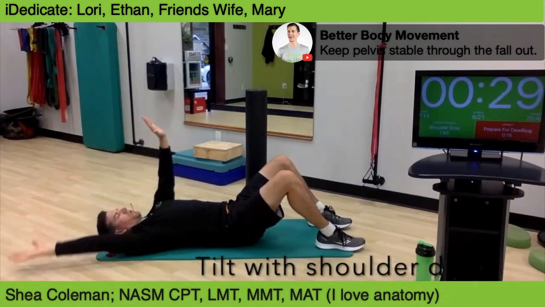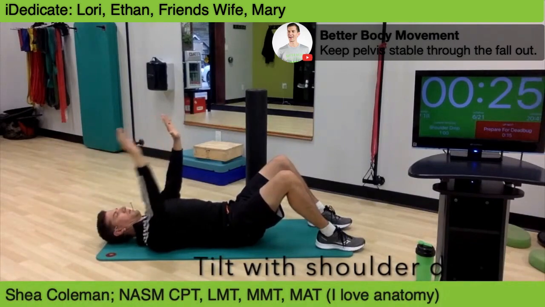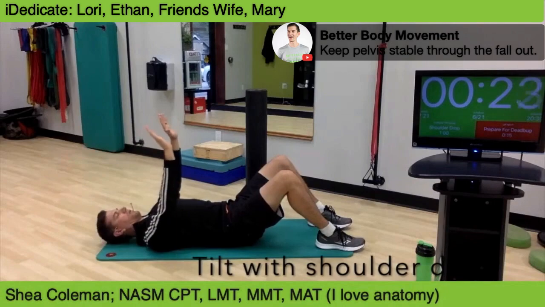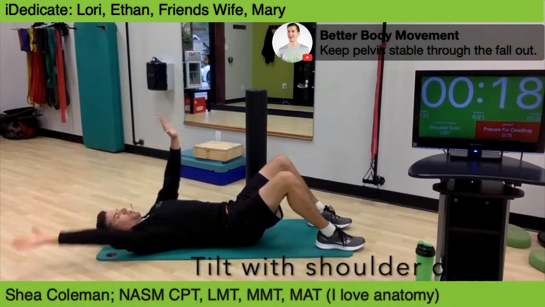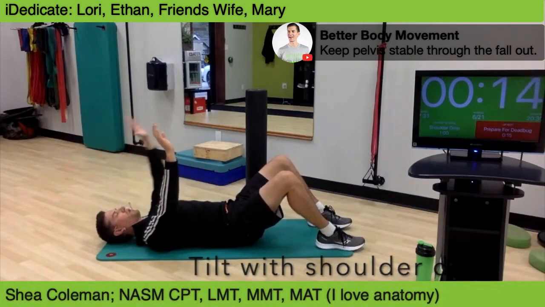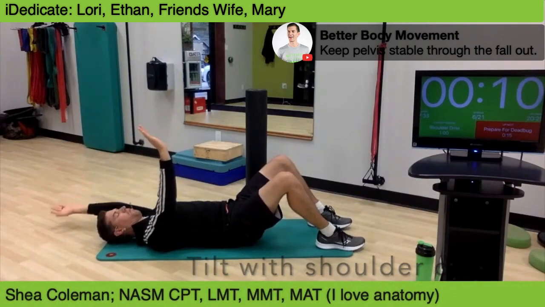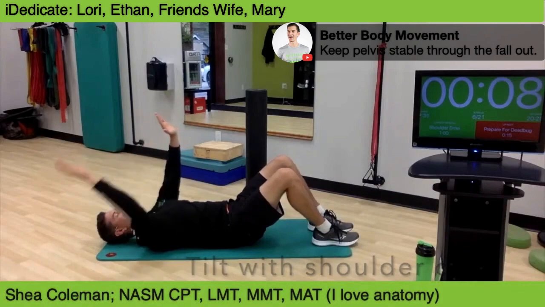That's halfway. Halfway is a great time to recheck that core. Make sure we're not extending our back to try to create more range of motion. Finish through nice and strong.